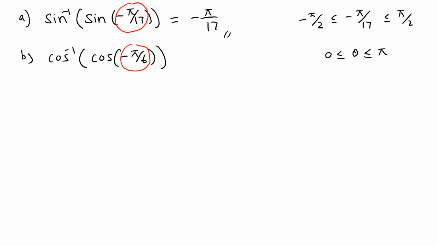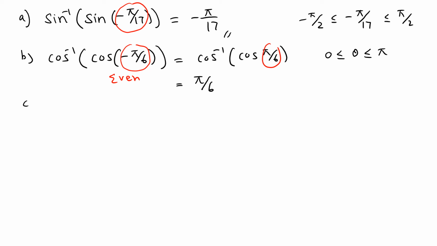But we notice that cosine is an even function, so we can ignore the negative sign and write this as cosine inverse cosine pi over 6. Now you can see that this angle pi over 6 is in between 0 and pi, so they can cancel out. So you get pi over 6.